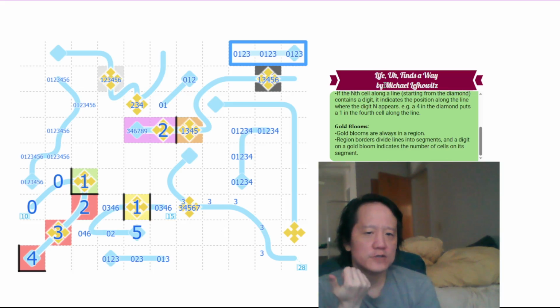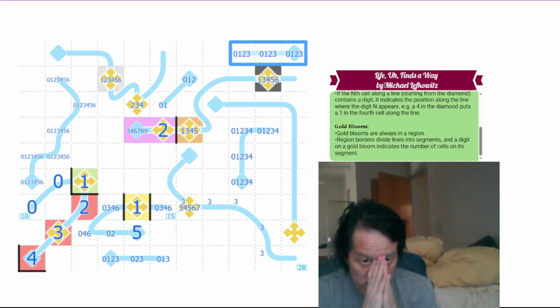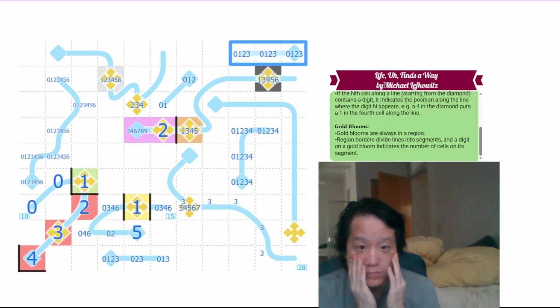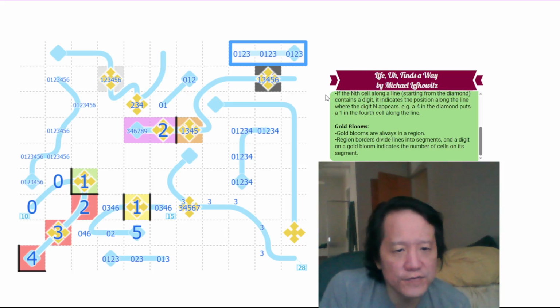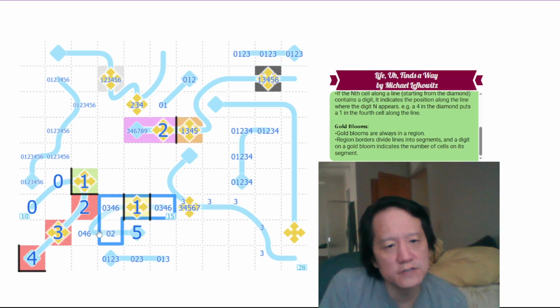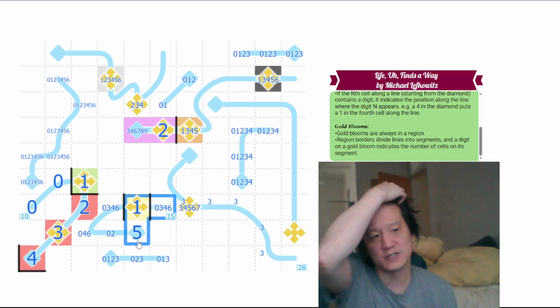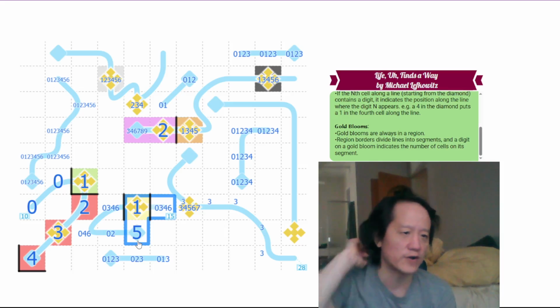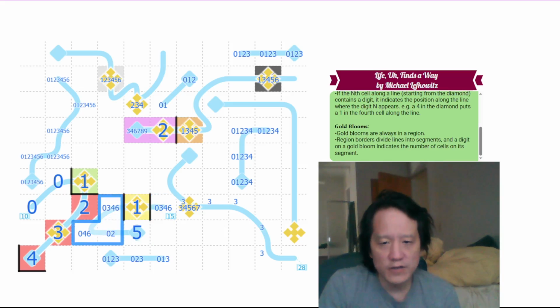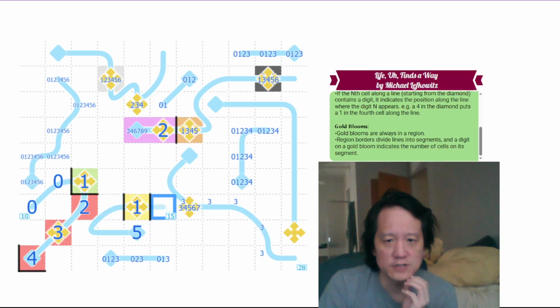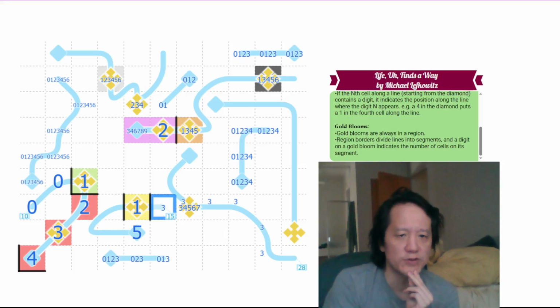Digit number of cells on its segment. Okay. So if this is 3 and... Okay. So it's either... This adds up to 1, 3, 5, 6, or it's 1, 2, 3, 4, 5. If it's 1, 3, 5, 6, that means this cannot be 3. So this would have to be 3 here.